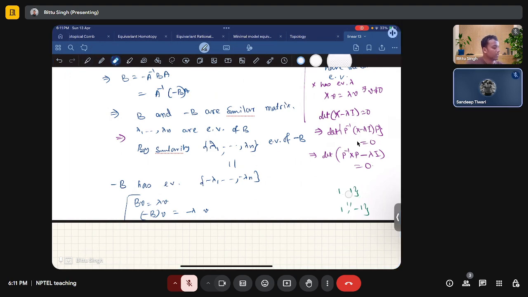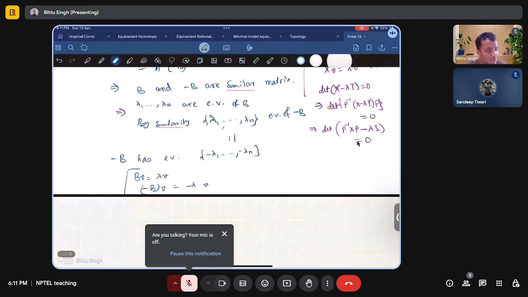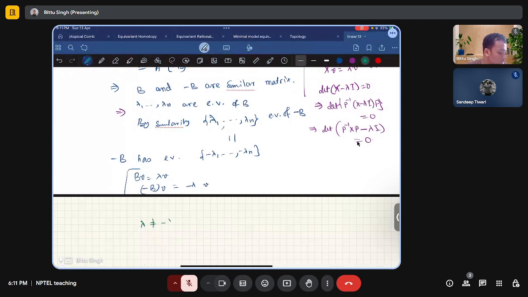But the interesting fact is that with respect to a given eigenvector v, if lambda and lambda dash are two distinct eigenvalues, then corresponding eigenvectors v and v dash are linearly independent. An eigenvector cannot correspond to two different eigenvalues.